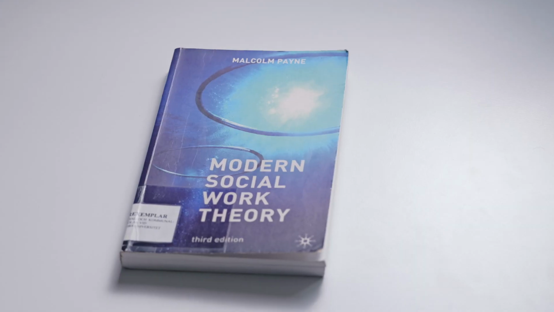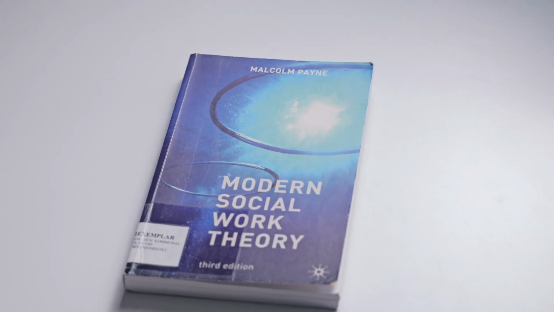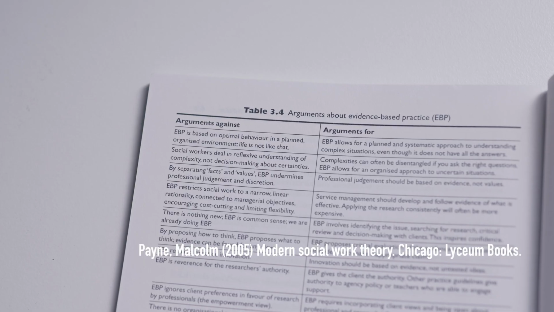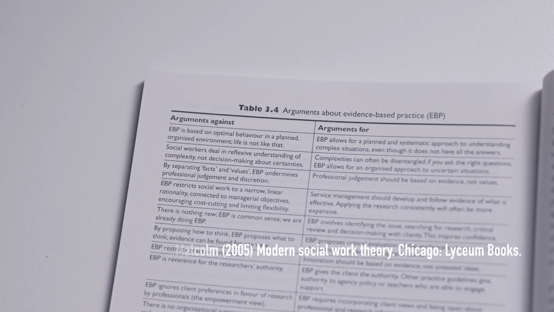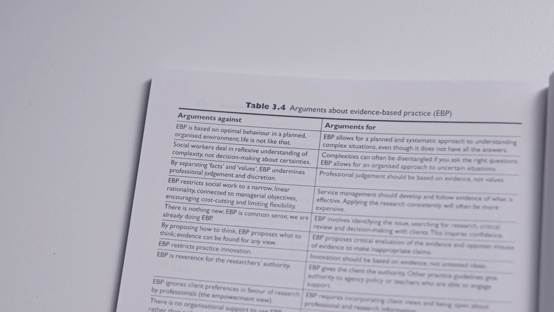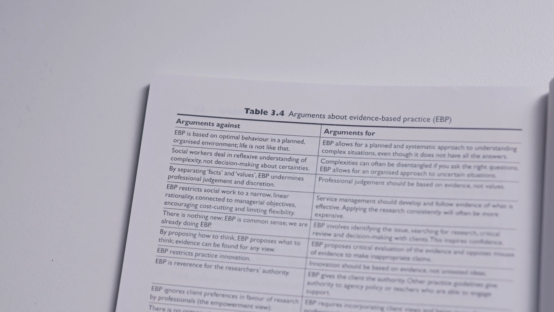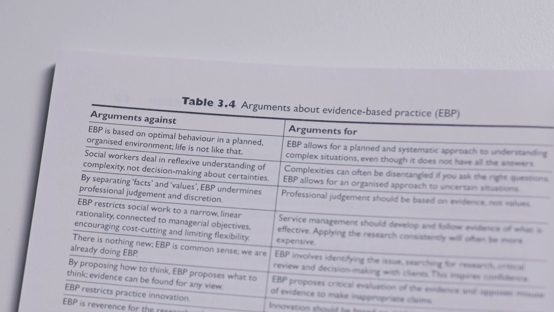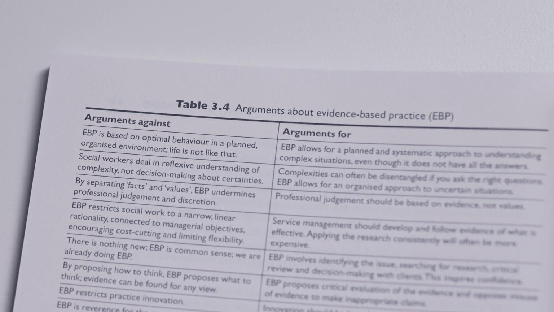As Malcolm Payne elegantly writes in an early edition of his book Modern Social Work Theory, evidence-based practice is based on optimal behavior in a planned and organized environment. Life is not like that. But still, also as Payne argues, social work can benefit from evidence-based practices if you understand both its possibilities and its limits.